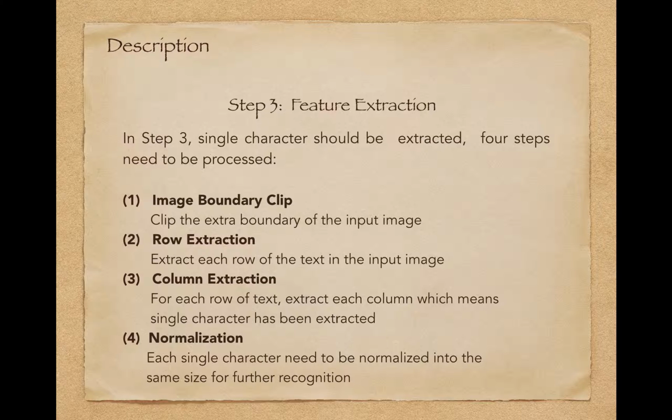The third is column extraction: for each row of text, extract each column, which means single characters have been extracted. The fourth is normalization. Each single character needs to be normalized into the same size for further recognition.